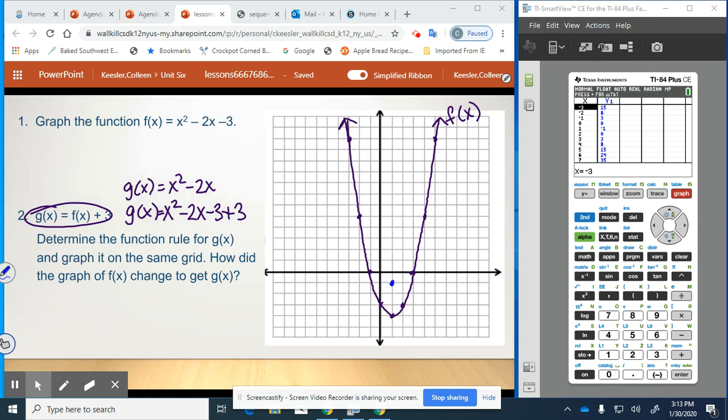And then -1 and positive, nope, 0 and 2 are both at 0. -1 and 3 are both at 3. 4 and -2 are both at 8.